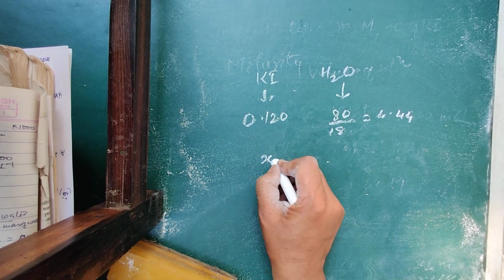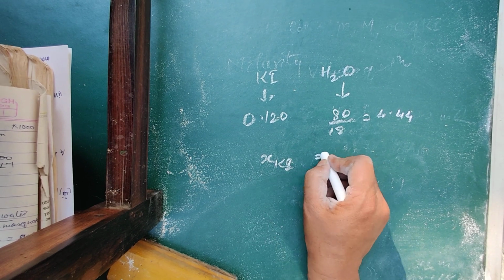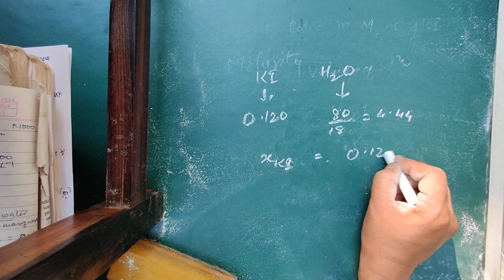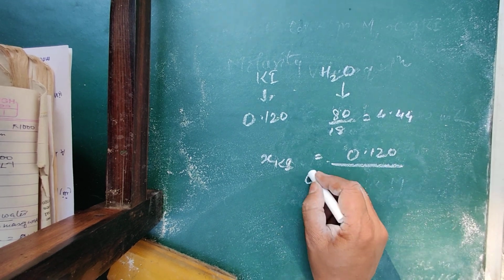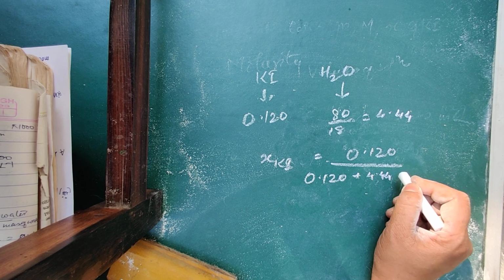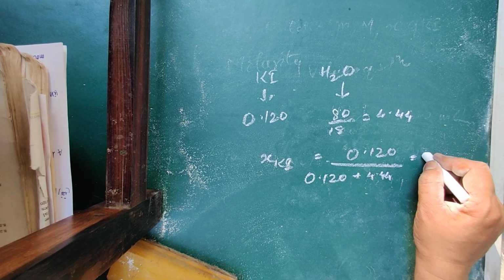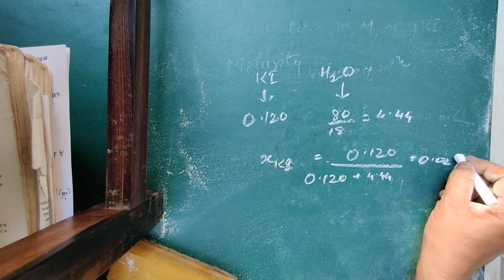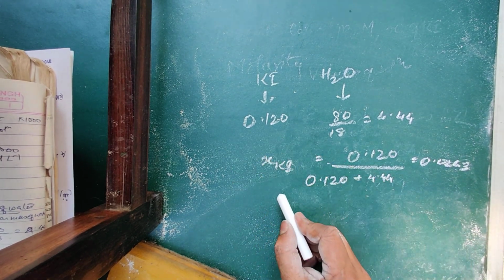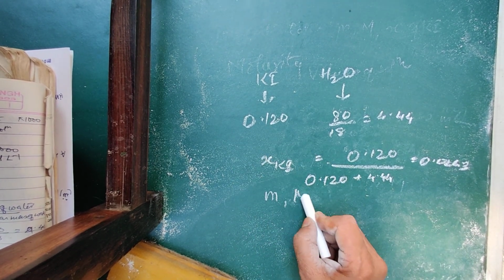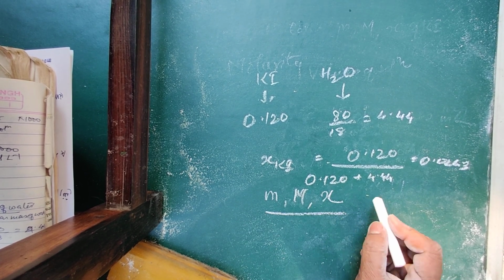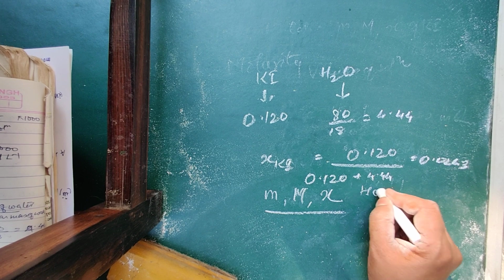So mole fraction, that is XKI, will be equal to number of moles of one component, 0.120 divided by 0.120 plus 4.44. So the answer is 0.0263. So in this way we have calculated molarity and mole fraction. Hope you have understood.